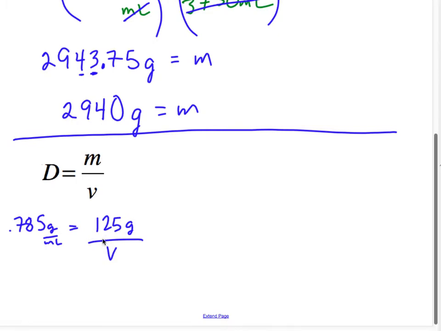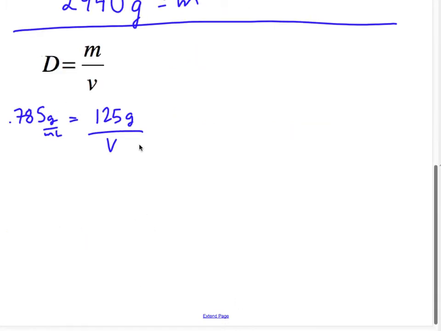But in this question, they want to know what the volume is. So if they want to know what the volume is, I've got to do some formula manipulation. We didn't do this one in class, but I think it's worthwhile to try it. So if I want to know what the volume is, volume right now is in the denominator. I need to get it in the top. There's a couple ways you can do that. One of them is to treat it as if it was ratio proportion.